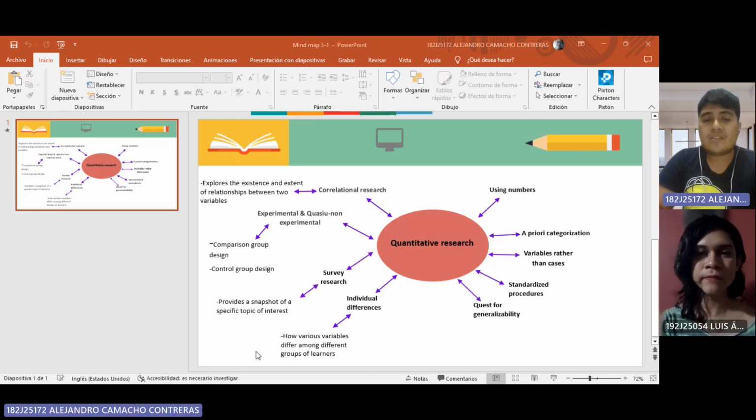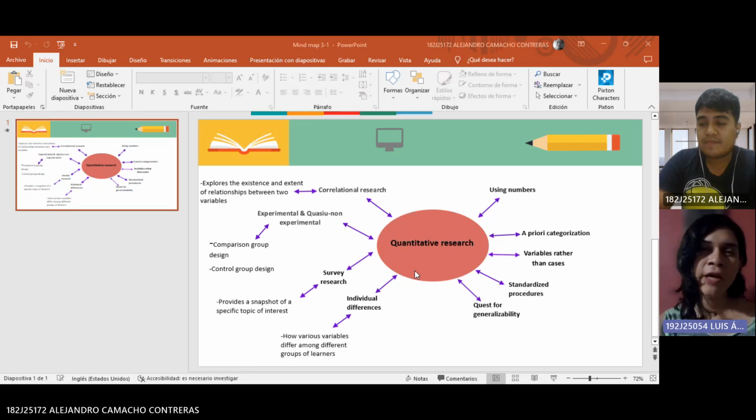And the last one is the quest for generalizability and universal laws, which involves seeking patterns, relationships, or principles that can apply to a broader population or context. What do you think about it? Do you have any commentary?